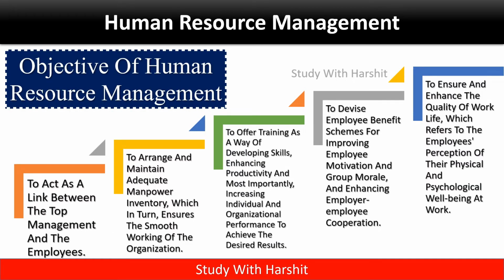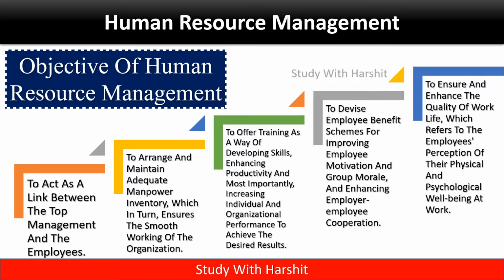Objectives of human resource management: to act as a link between the top management and the employees, to arrange and maintain adequate manpower inventory, which in turn ensures the smooth working of the organization, to offer training as a way of developing skills, enhancing productivity, and most importantly, increasing individual and organizational performance to achieve the desired result.